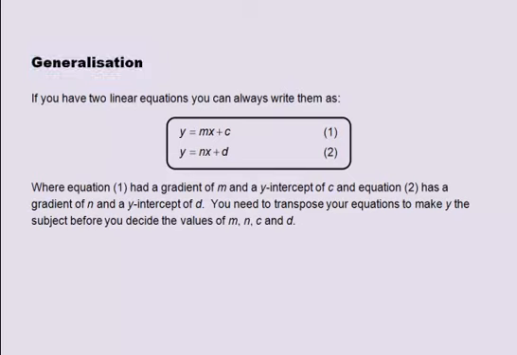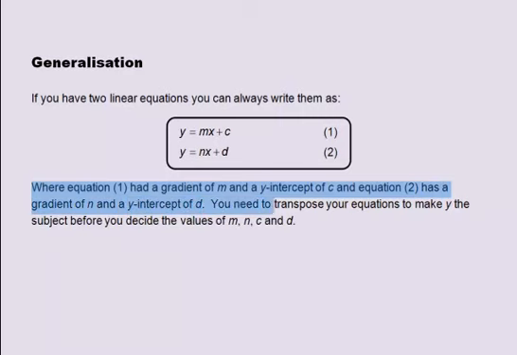Generalization. If you have two linear equations, you can always write them as y equals mx plus c, equation 1, and y equals nx plus d, equation 2, where equation 1 has a gradient of m and an intercept of c, and equation 2 has a gradient of n and a y-intercept of d.